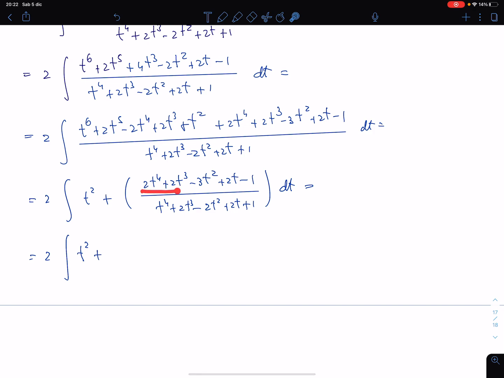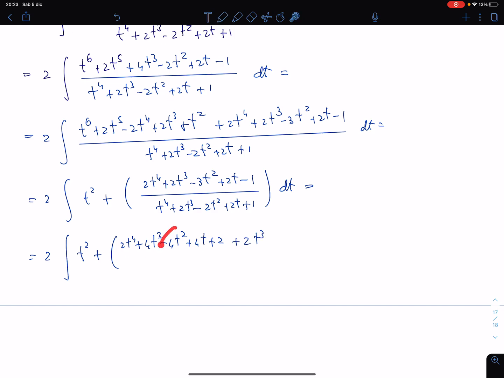So rewrite this numerator by starting by twice the denominator. So t squared plus 2t^4 plus 4t cubed minus 4t squared plus 4t plus 2. So here we have the double of the denominator, and now we have to adjust. Here we have 4t^3, here only 2, so here plus 2t^3.